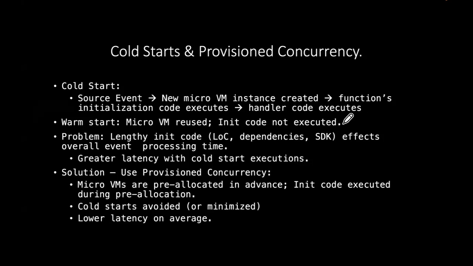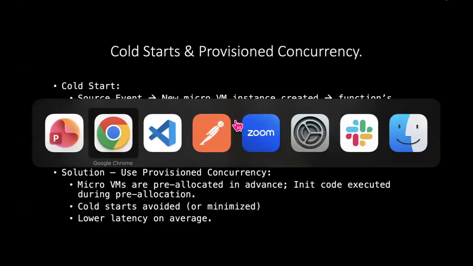I should have been clearer on the warm start in that slide. Clearly a warm start from a latency point of view is quicker than a cold start, because in the cold start we've got this initialization code that has to execute, whereas it doesn't need to execute in the warm start.